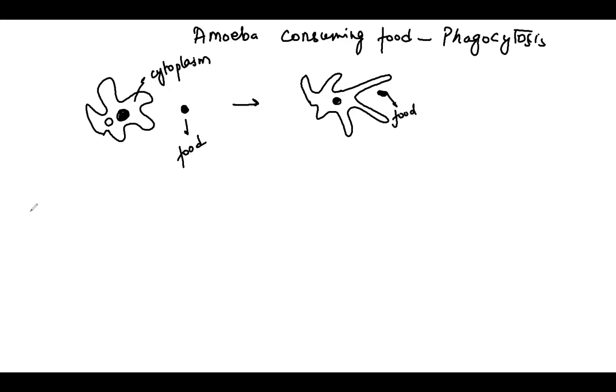And when this happens, what is this stretched leg called? This stretched leg is known as pseudopodia. What is pseudopodia? It's like a false foot. It generates a false foot, which is not actually a foot, but it is generated to engulf the food. So this is pseudopodia. And what happens next, students?